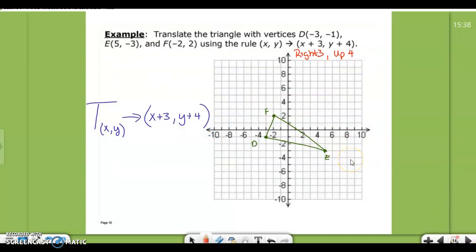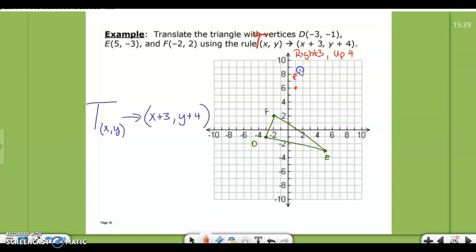Okay? Now we're going to translate a triangle with the given vertices following this rule, capital T for translation, right 3, up 4. Now, it doesn't tell me that I need to write the prime coordinates, so I'm just going to take my pre-image and count 1, 2, 3 to the right and 1, 2, 3, 4 up.